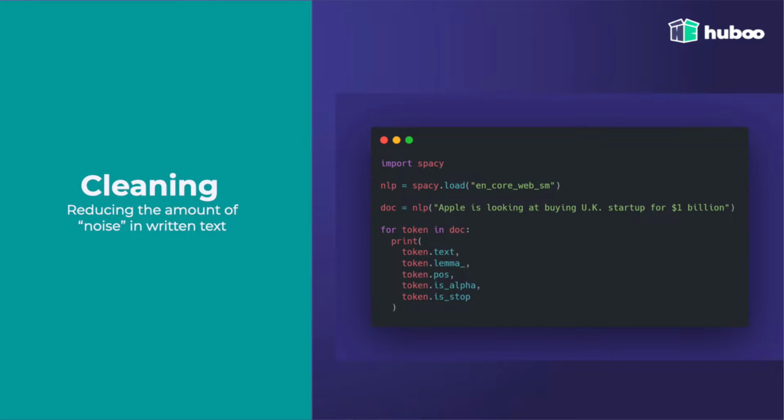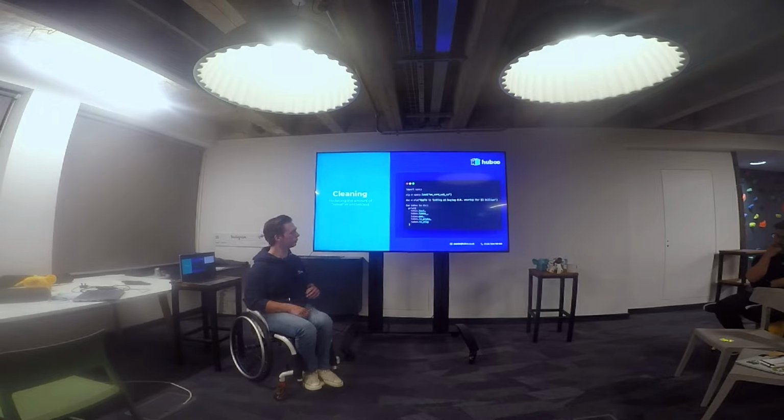So after you've tokenized your text and you can access each token, you can do an element of cleaning. The whole purpose of cleaning text is that it's really difficult for machines to understand the context of a sentence.